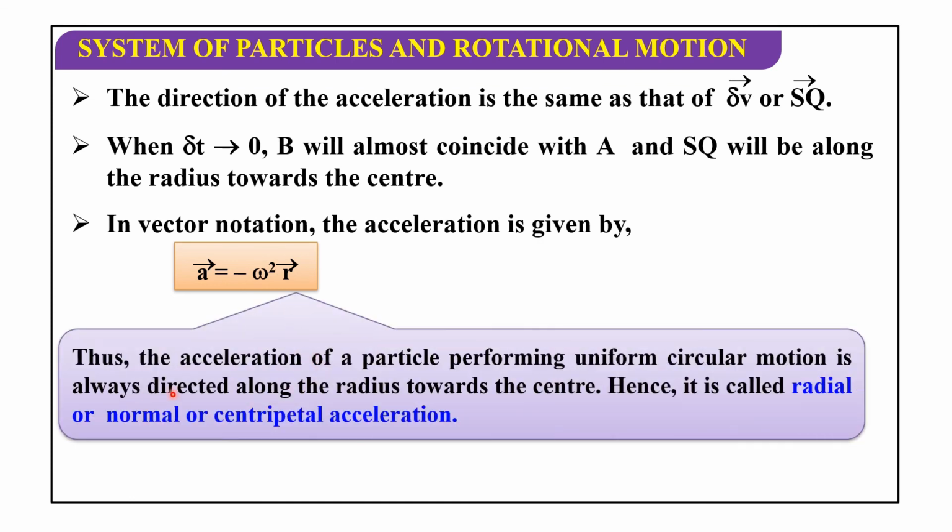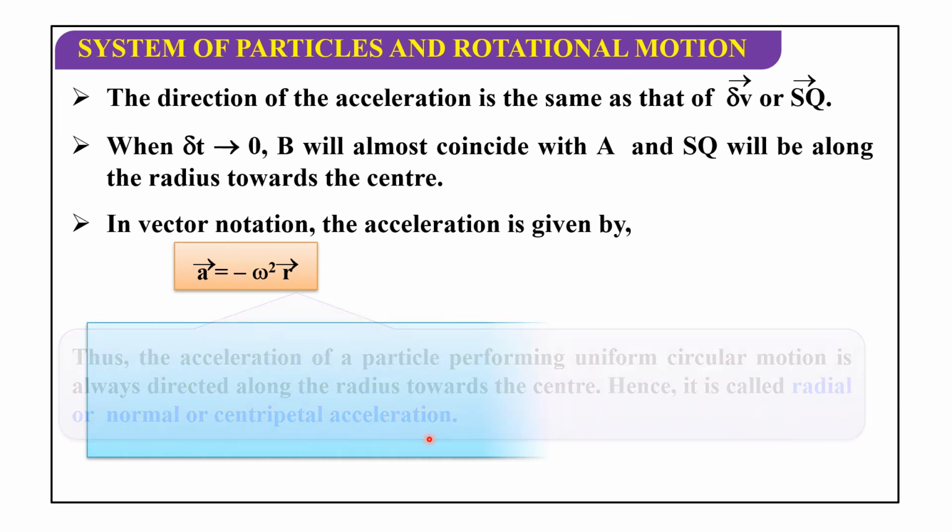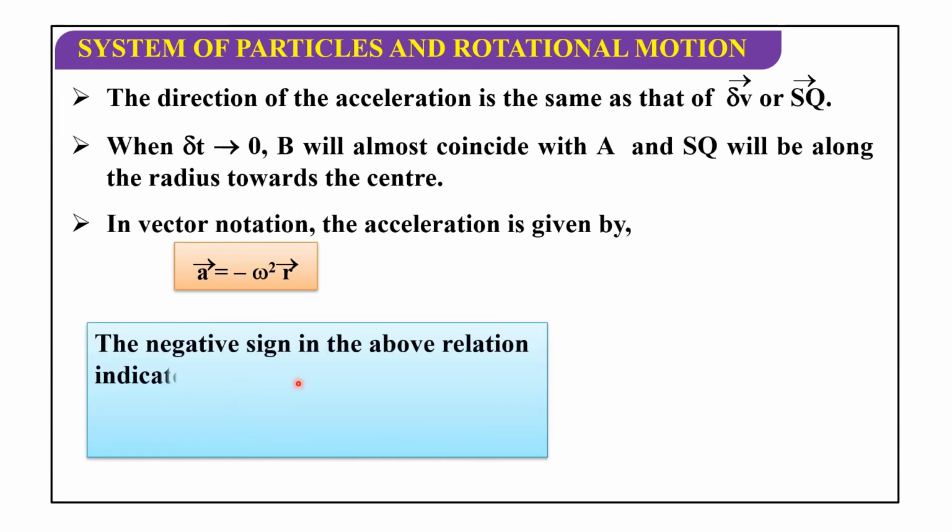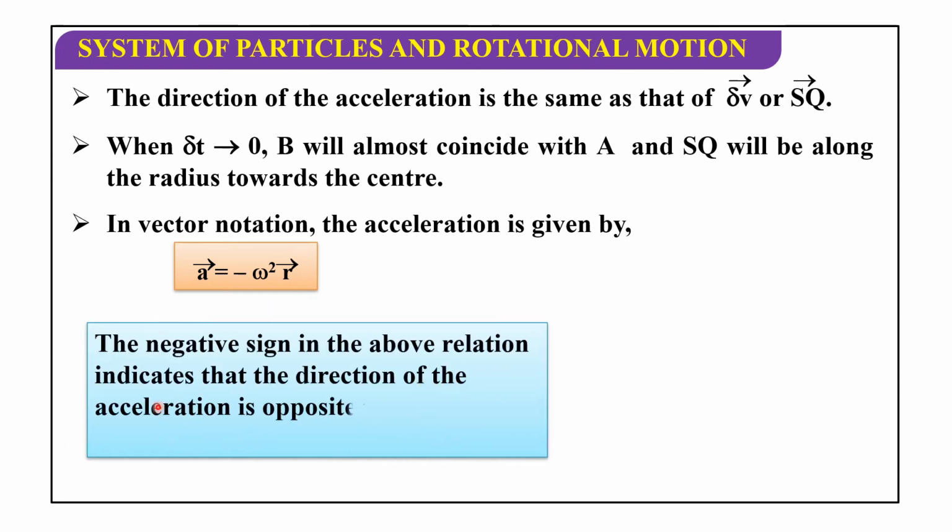So thus the acceleration of the particle performing uniform circular motion is always directed along the radius towards the center. Hence it is called radial or normal or centripetal acceleration. The negative sign in the above relation indicates that the direction of the acceleration is opposite to that of the radius vector. Here A bar is equal to minus omega square R bar.